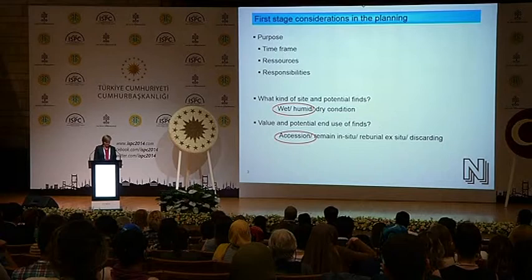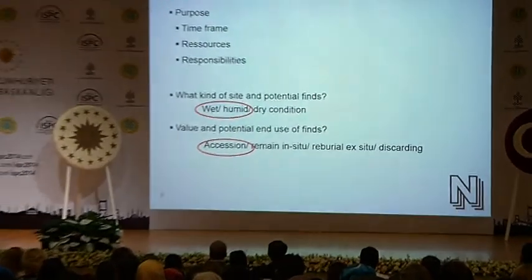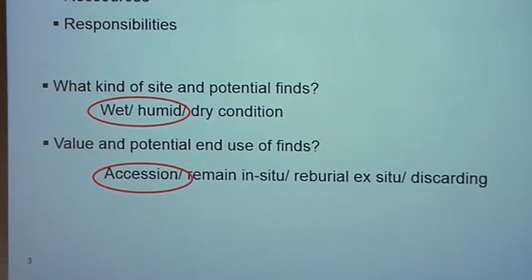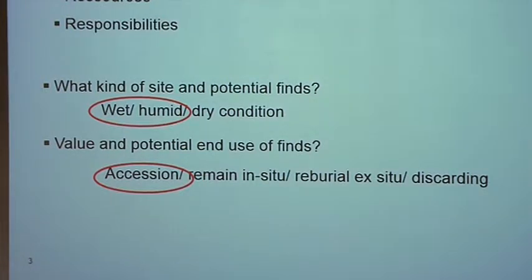And also, it's a question whether the finds that we excavate will be accessed in the museum, whether they will remain in situ or they will be reburied or discarded.